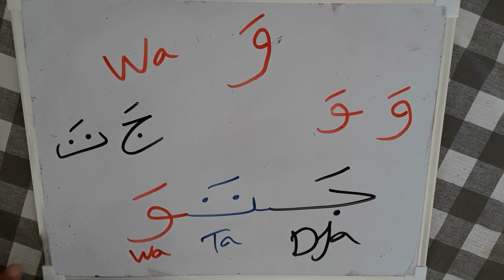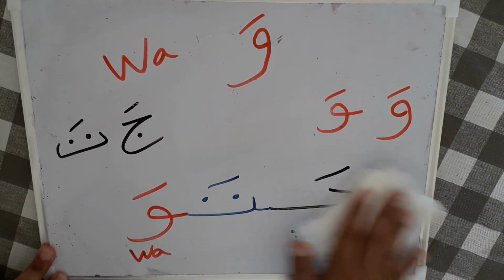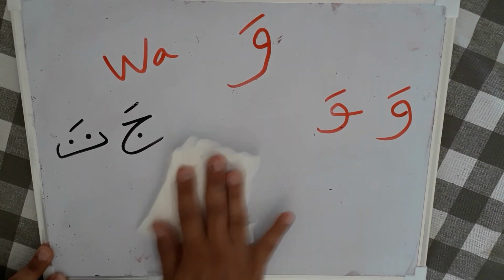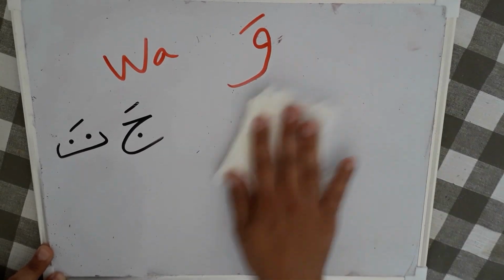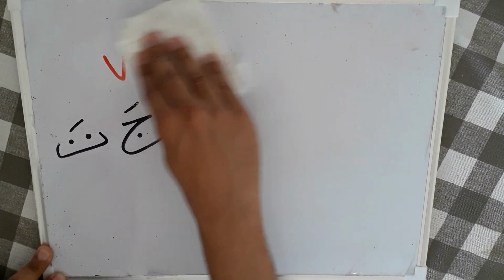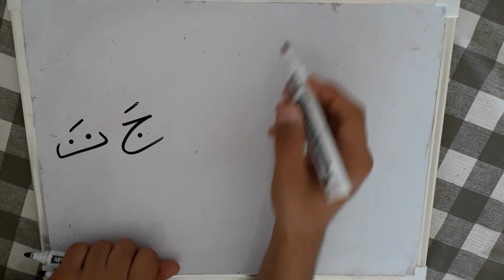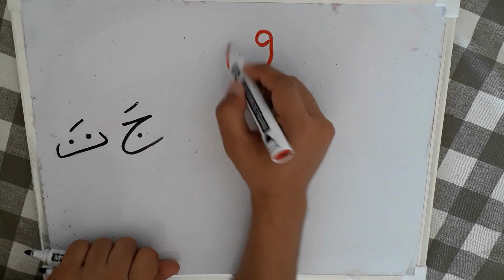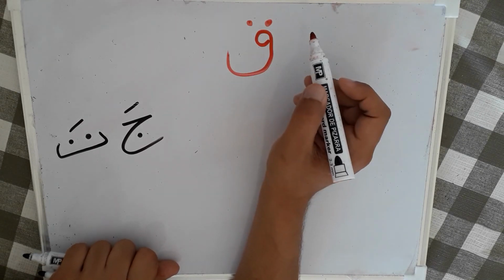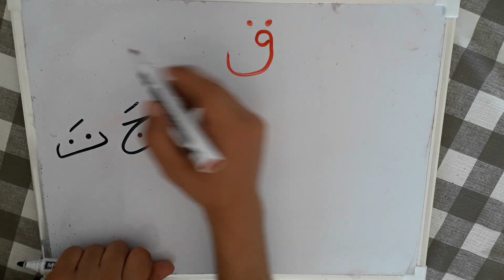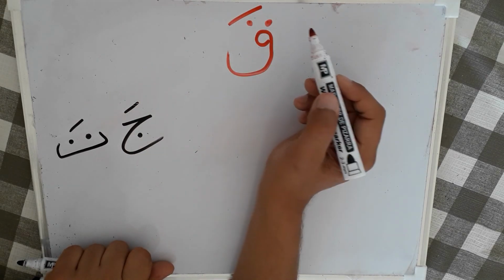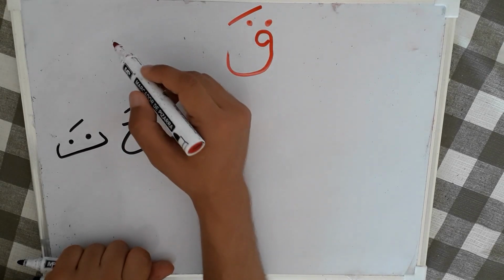Let's see another letter. So today we have learned 3 letters. Let's add another one, bonus. This one is qa, okay?